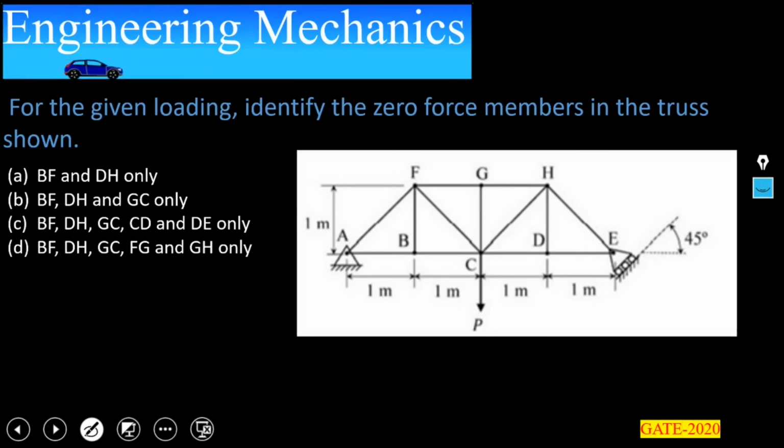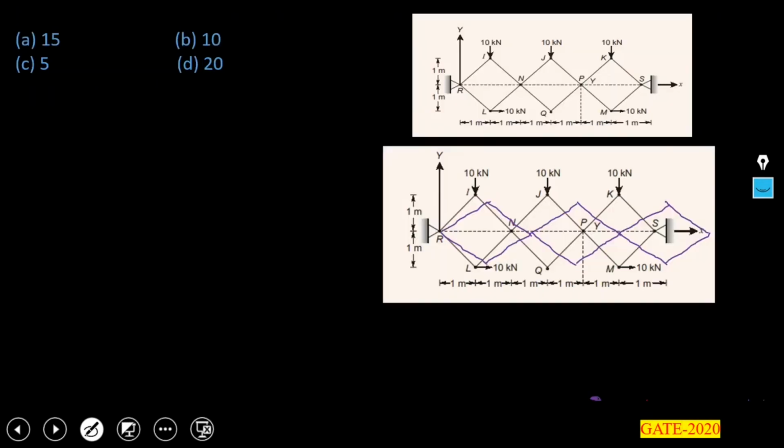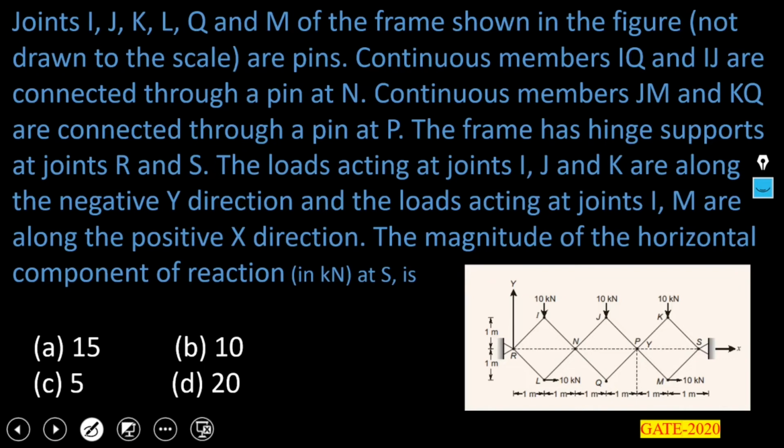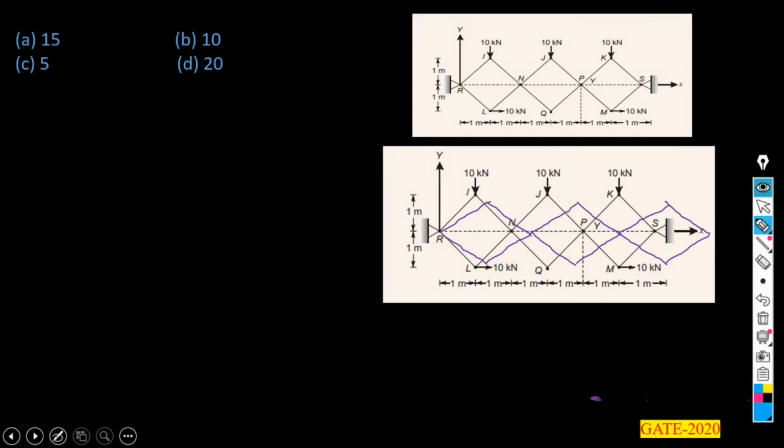Let's move on to the problem on virtual work. We have a frame acted upon by vertical and horizontal forces. We need to find the magnitude of the horizontal component of reaction at S. In a virtual work problem, we have to start with the selection of the coordinate system, but in this problem the coordinate system is already given.